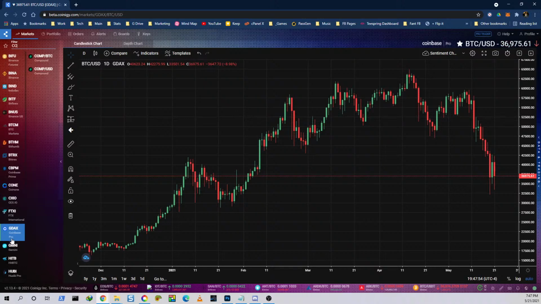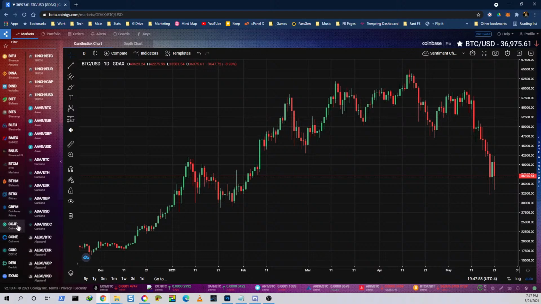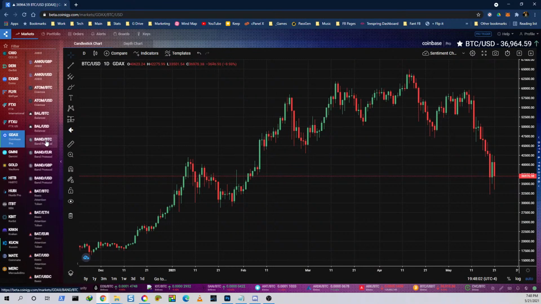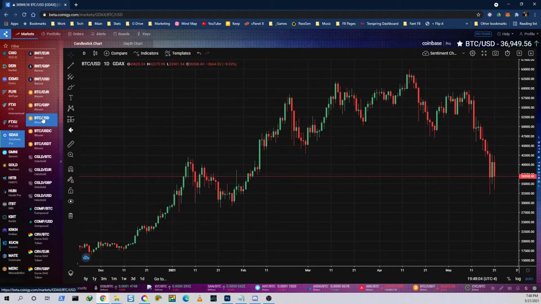Anyway, there you go. You've got GDAX sitting down there. Click on that. Delete all that information out. You can go down to GDAX, and here you want to go to BTC USD. Why don't you want to do BTC USDC?